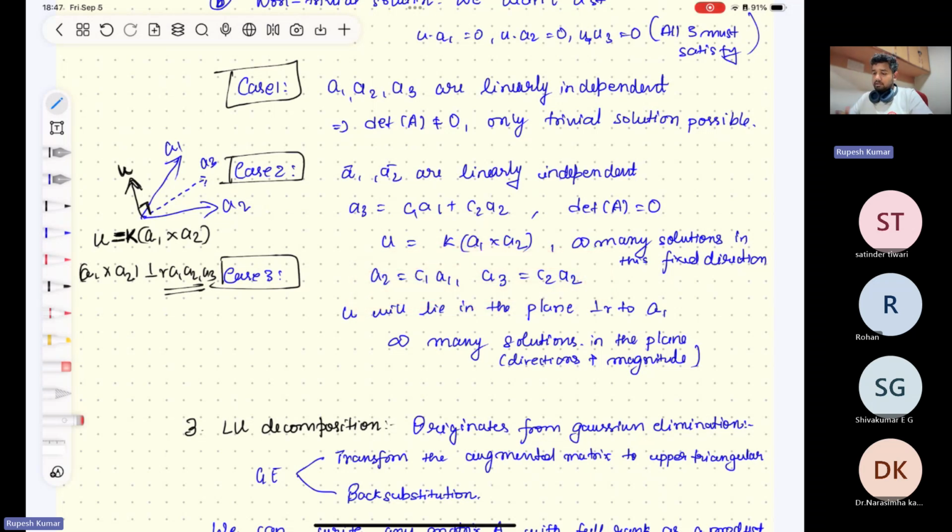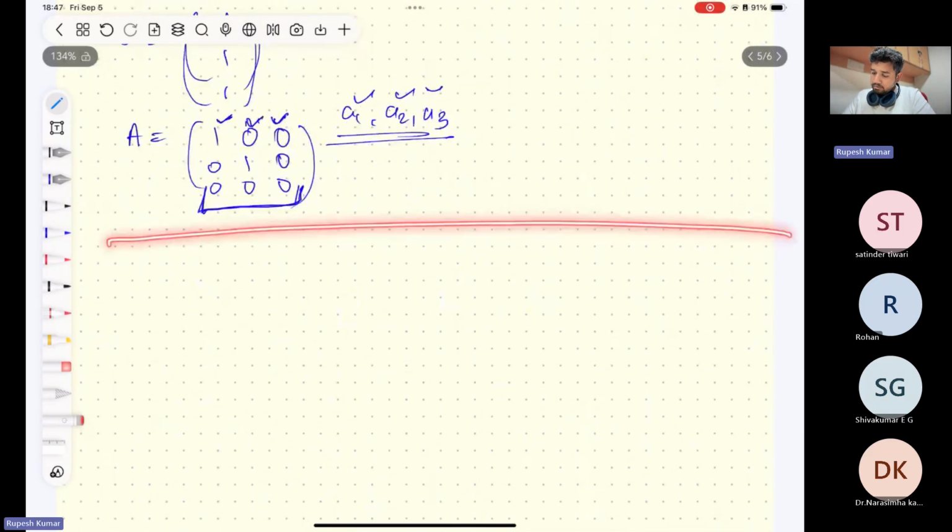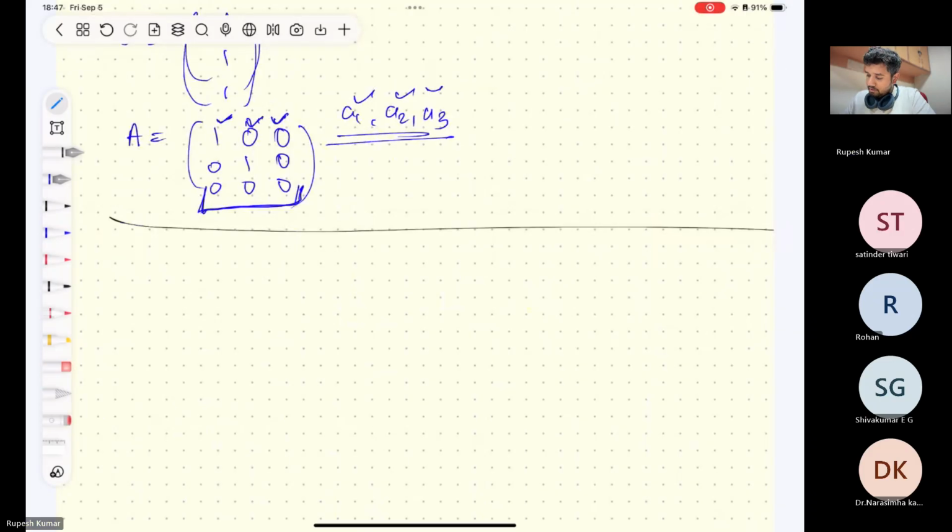Now in three-dimensional space, let's think of this. In the 3D space, you have the x, y, and z axes, right? Now, you have three vectors that all point in the direction of the x-axis.